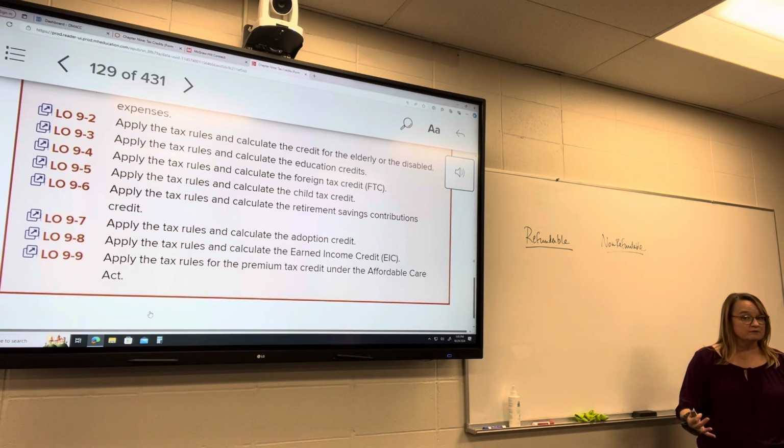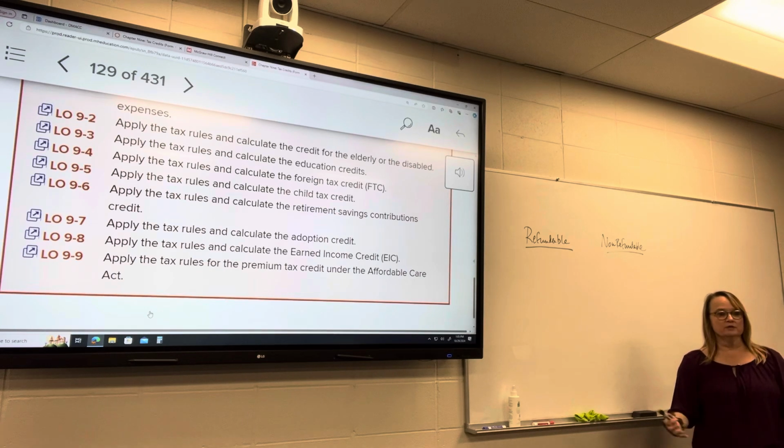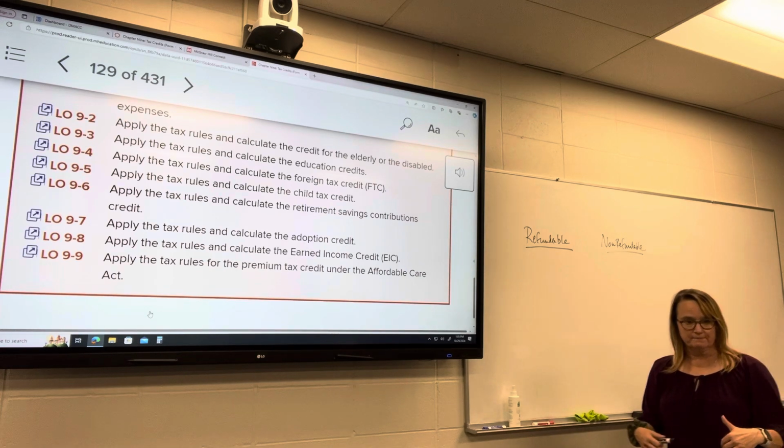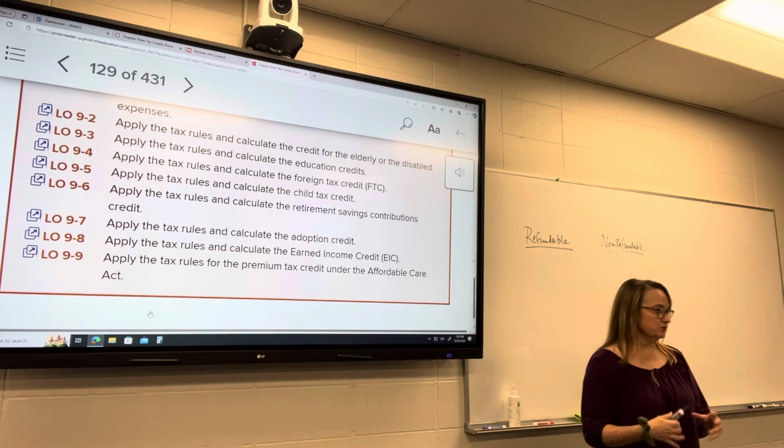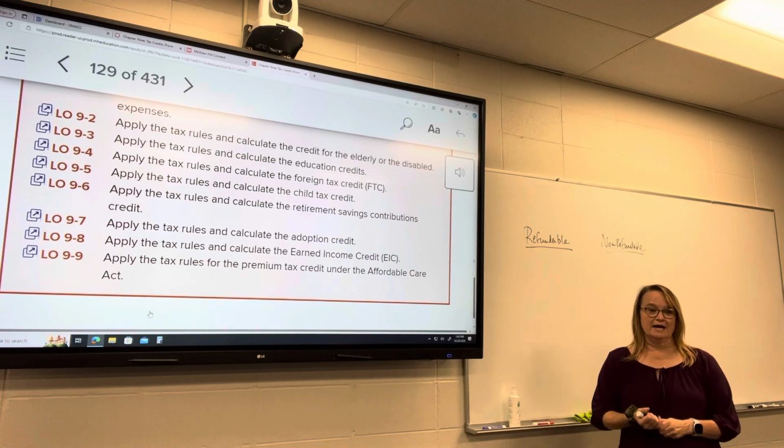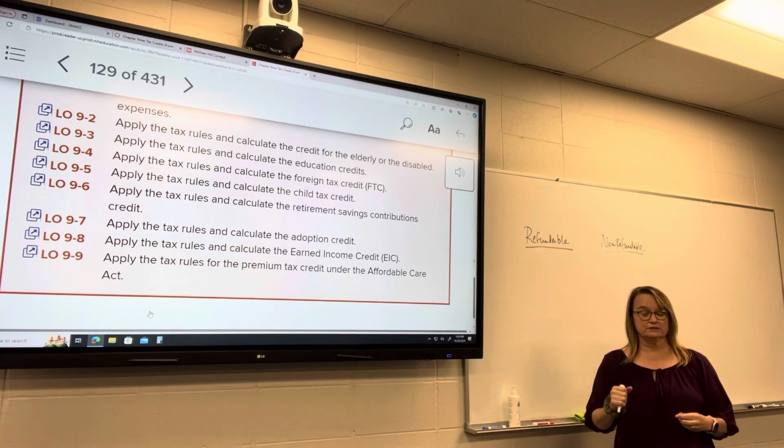Even though you didn't owe it in the first place, even though you didn't pay the $2,000, you had no liability for it, you're still getting the $2,000 back. Refundable credits are extremely valuable. As a result, they also have a lot of fraud associated with them.